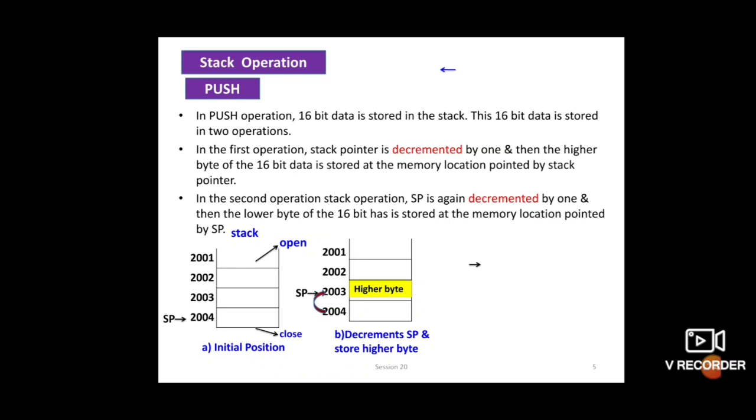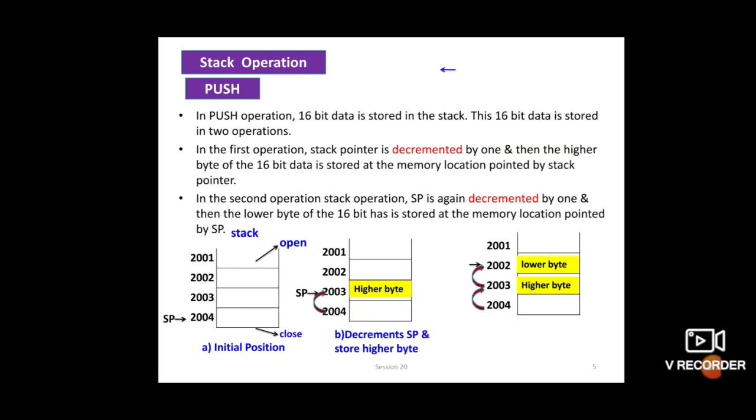Now see in the same diagram: in the second operation, the higher byte is stored first at the 2003 memory location, then the lower byte is stored, and the stack pointer is again decremented by 1.